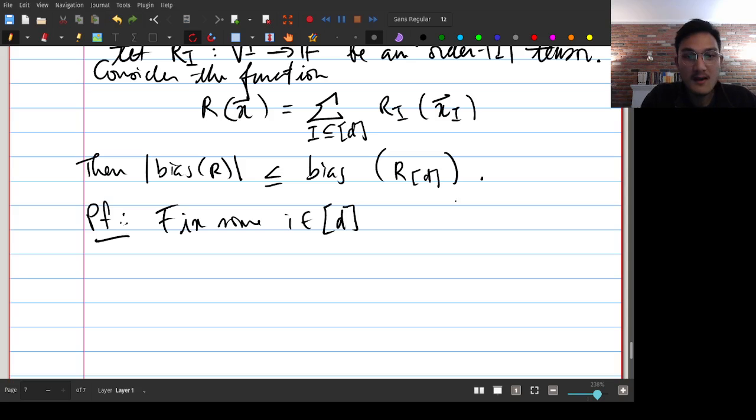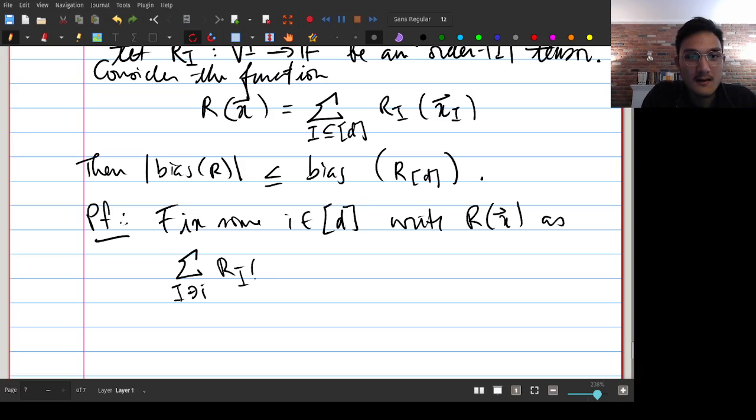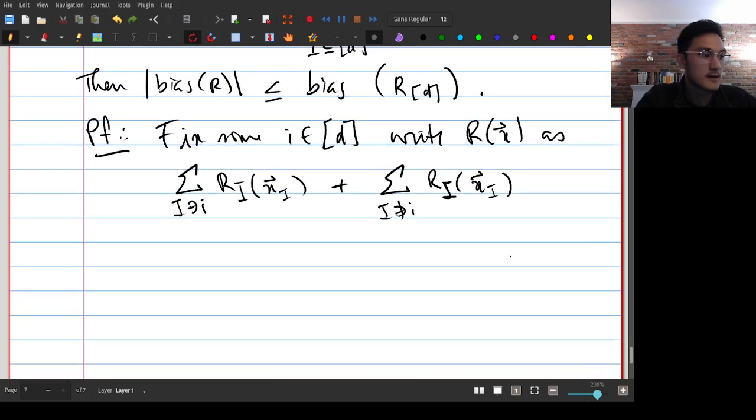Now we can write the big sum R(x) as the sum of all I that contain i, R_I of x_I, plus the sum of I that don't contain i, R_I of x_I.